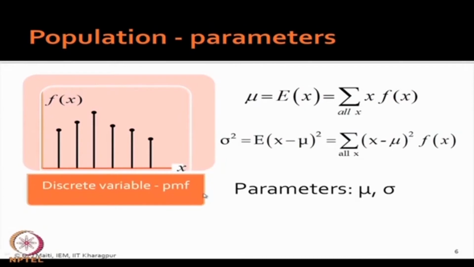But I told you that we will be considering infinite population. Infinite population means the totality is not known. The second thing is that our variable is random. What value it will assume next, we do not know.